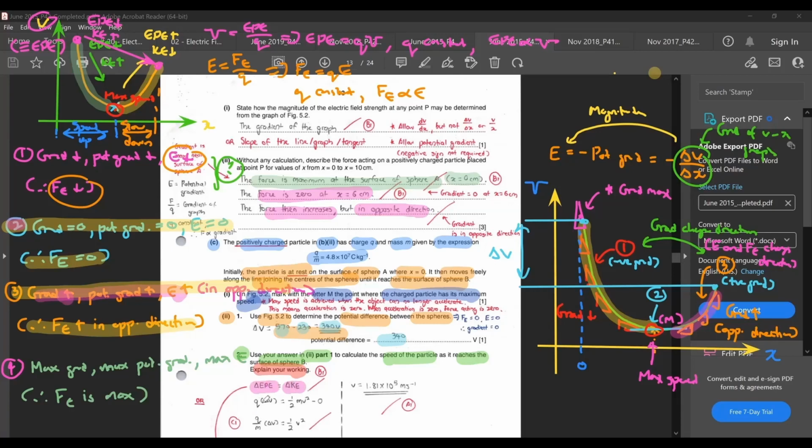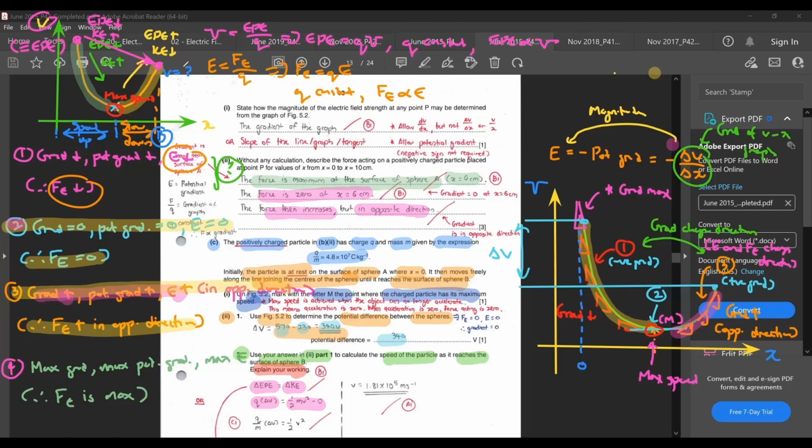Your change in EPE is just Q delta V. Your change in KE must be half mv squared minus 0. On reaching the surface of sphere B, this one here was your sphere B, right? You should have a certain speed.